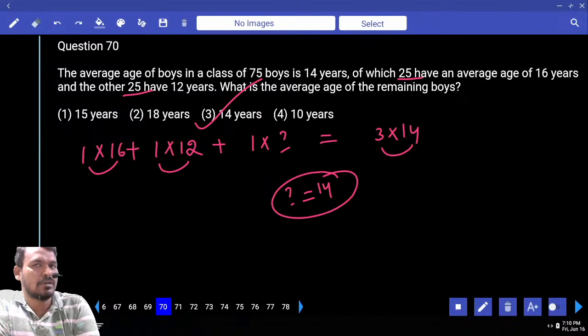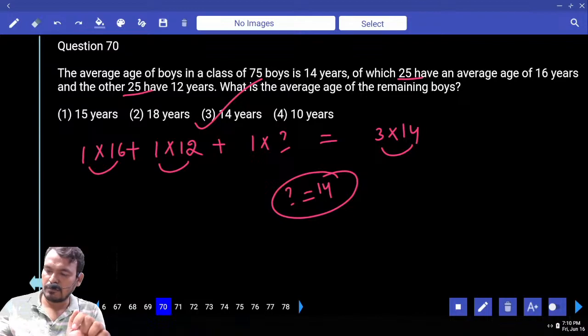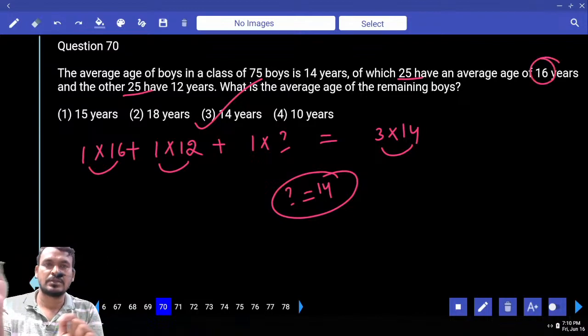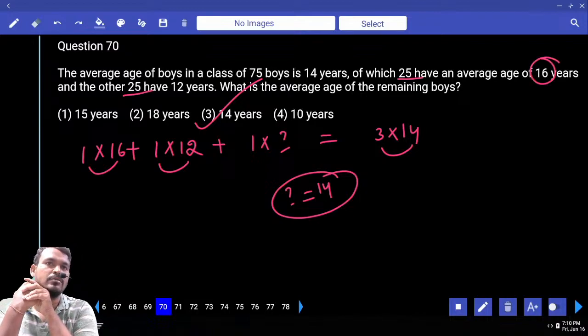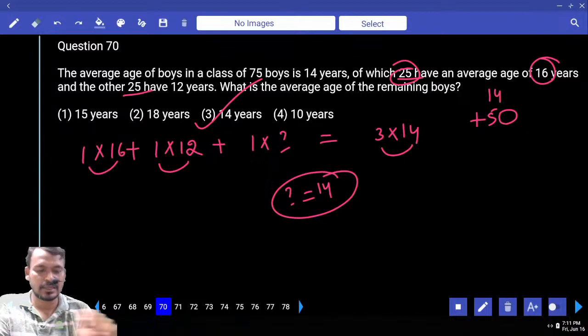By using the equality concept, every person is 14. Compared to 14, the first 25 persons are 16. How much is the average increased? 2. Each one increased by 2. 25 persons, 50 increased. Plus 50 or minus 50? Plus 50. Already value 14, 14 plus 50.